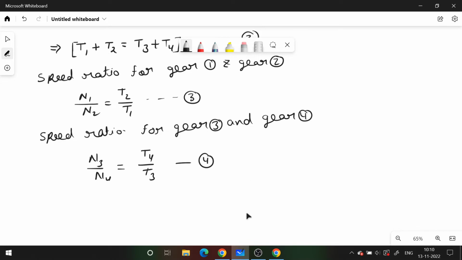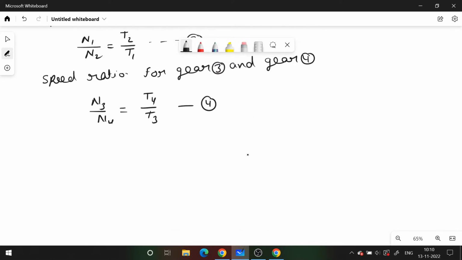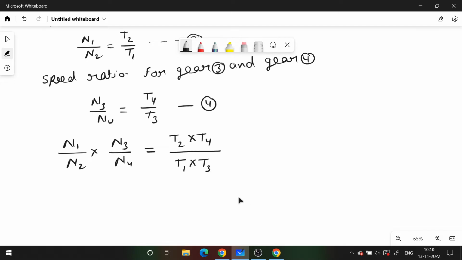Now multiplying equations 3 and 4, N1 upon N2 into N3 upon N4 equals T2 into T4 divided by T1 into T3.